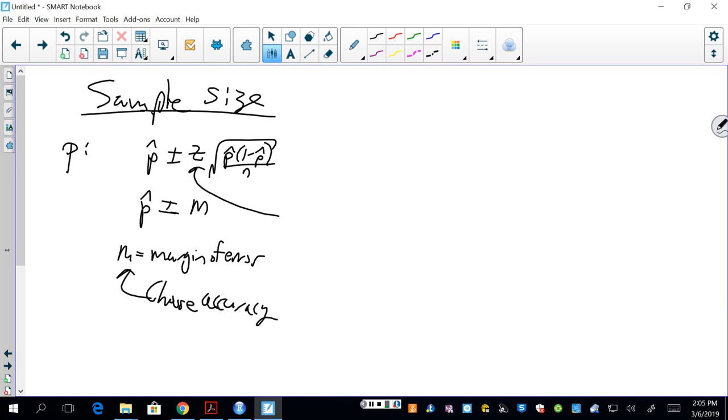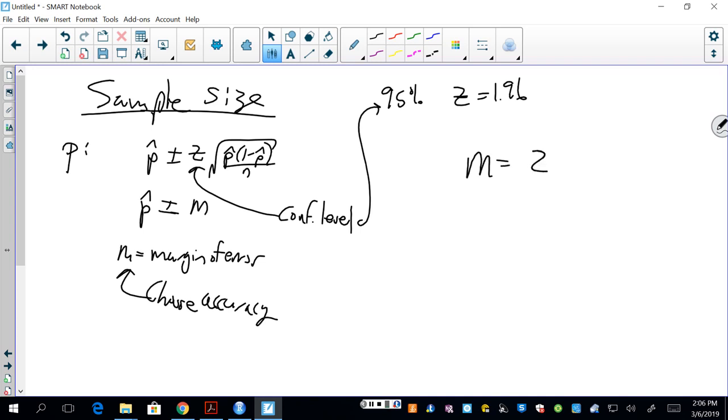the Z is going to come from our confidence level. So for 95% confidence, our Z is going to be 1.96. And if we want a certain margin of error, let's set these things equal. We're going to set M equals Z times the square root of p hat times 1 minus p hat over n.